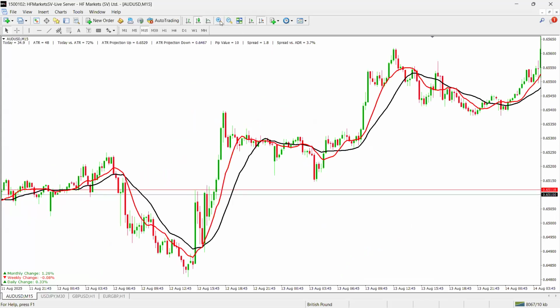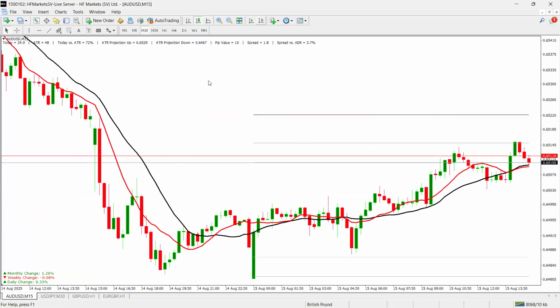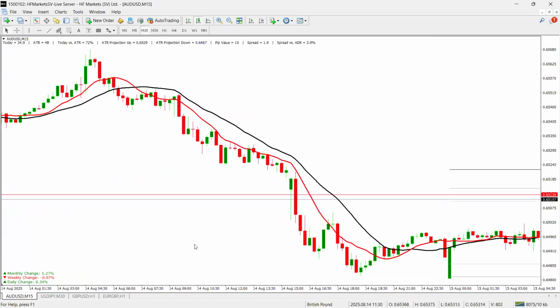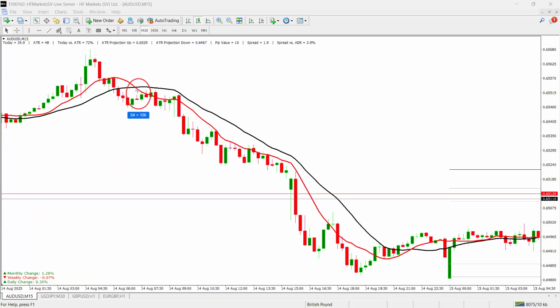Well, let me explain what crossovers are really all about. Look here. We had a crossover here, here. We had a crossover here. And what kind of crossover was this? This was a death cross. Why?